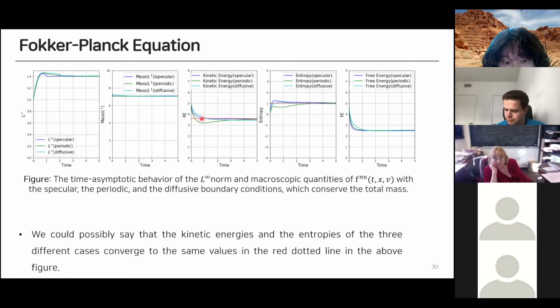Although we have three different boundary conditions, kinetic energies and entropies converge to exactly the same values in this case, in the red dotted line in these figures. So we could possibly say the convergence is to the same value. So this is an experimental result.